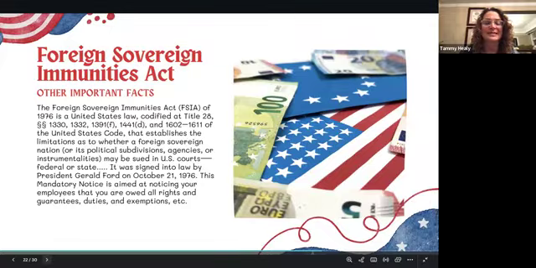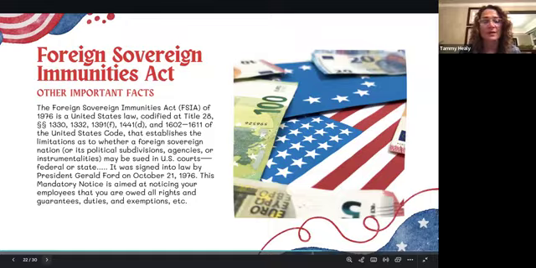This mandatory notice is aimed at noticing your employees that you are owed all rights and guarantees, duties, and exemptions. So the interesting thing about the de facto government is that while they were taking away all your assets and stripping you and robbing you and misidentifying you, they put into law in their codes exemptions.